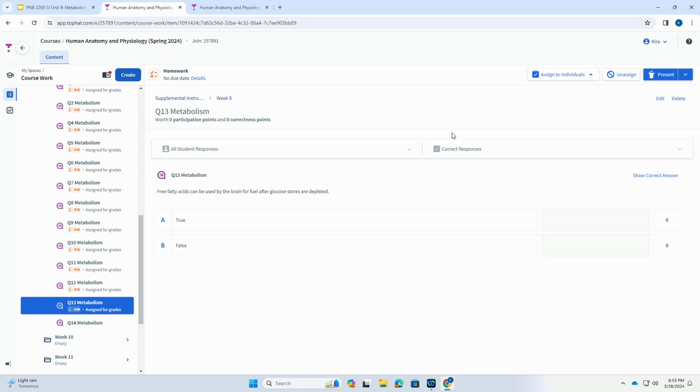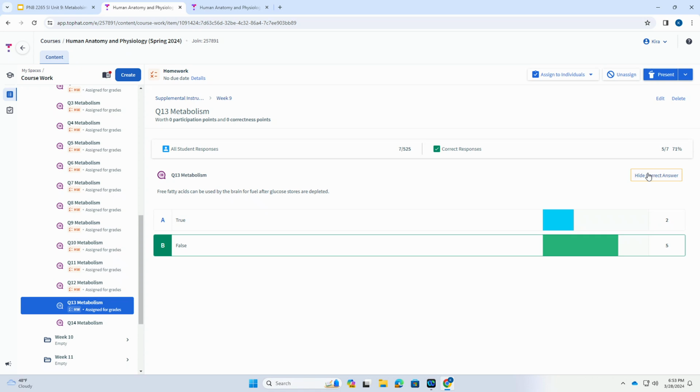Free fatty acids can be used by the brain for fuel after glucose stores are depleted. Okay, so you guys are pretty split on this one, but it's actually false.